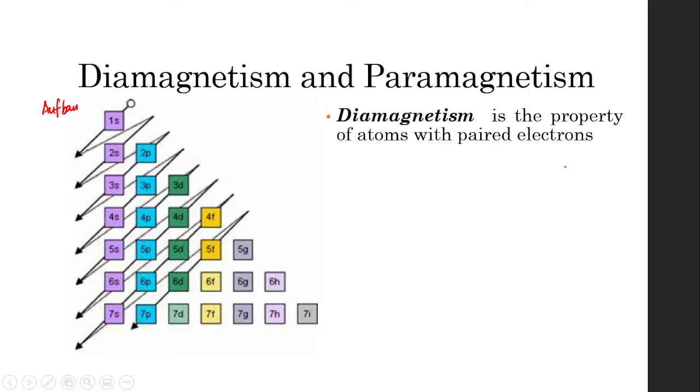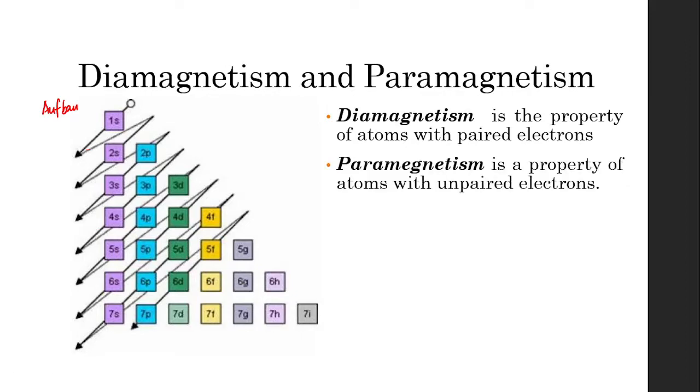Because when an atom has an unpaired electron, it becomes paramagnetic. What happens is that because of that unpaired electron, that atom, so this is your atom and you have your magnet right here, actually gets attracted to the magnet. There's a flipping of the electron, but we're not going to go into that.